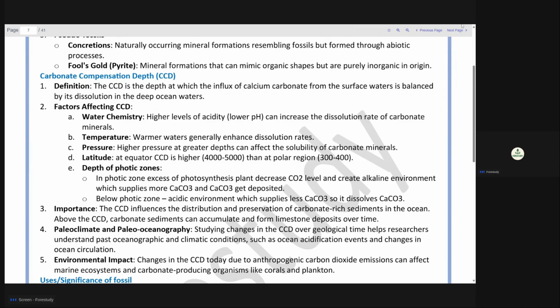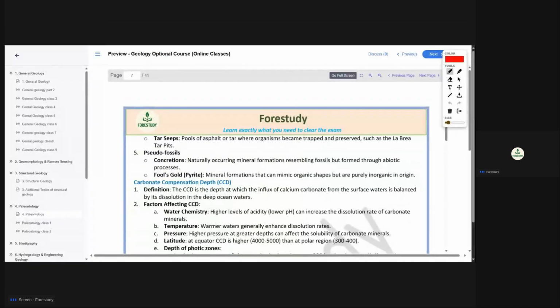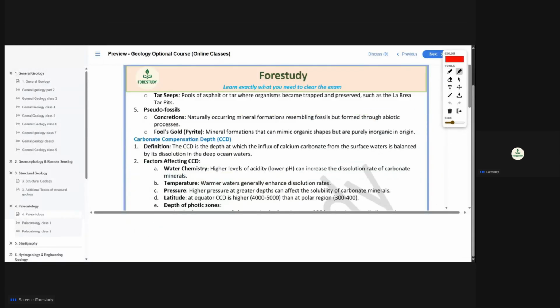So the photic zone will be like this. This is the water level, and this distance is the photic zone.